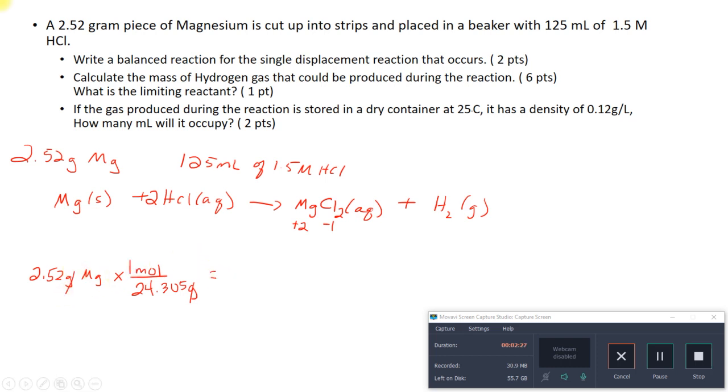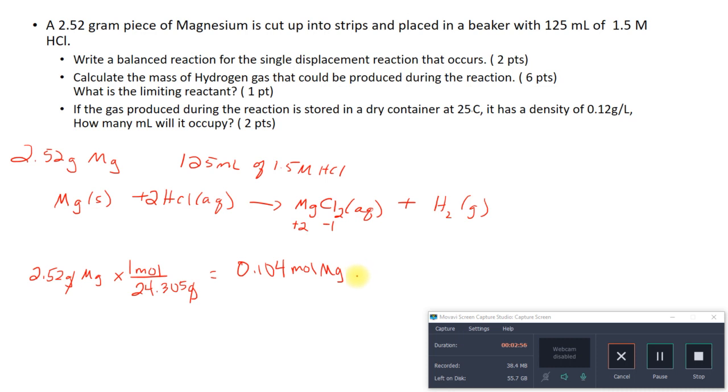When I enter this into the calculator, I'm putting in 2.52 divided by, because the 24 is on the bottom of that fraction, so that makes it a denominator. So from that we get that there were 0.104. It actually says 368, but I'm going to round because I only have 3 figs. I could keep 1 extra if I wanted to be really diligent. So there's that many moles of magnesium.